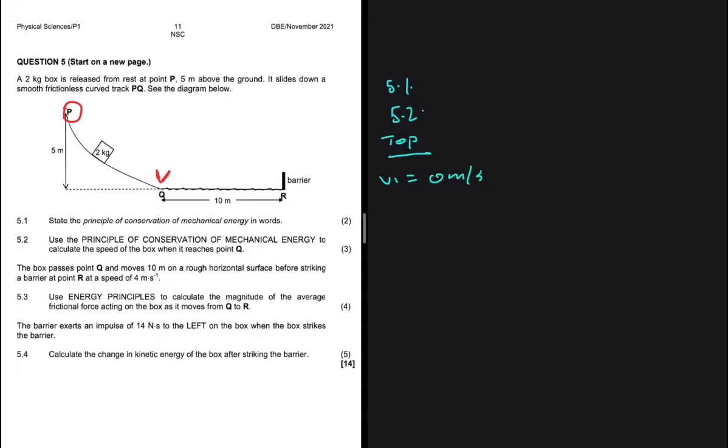And the height is equal to 5 meters. Now let's go to the bottom, at point Q. The speed there is what we are looking for, and we know fully well that the height is equal to 0 at point Q.